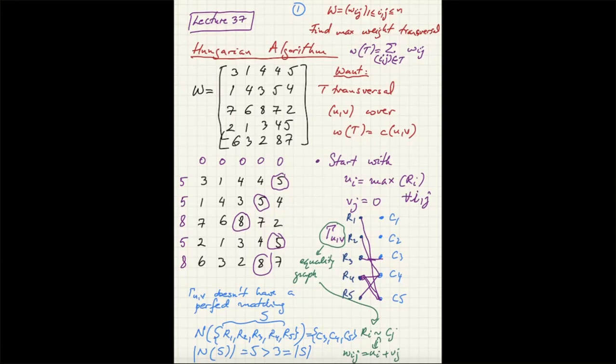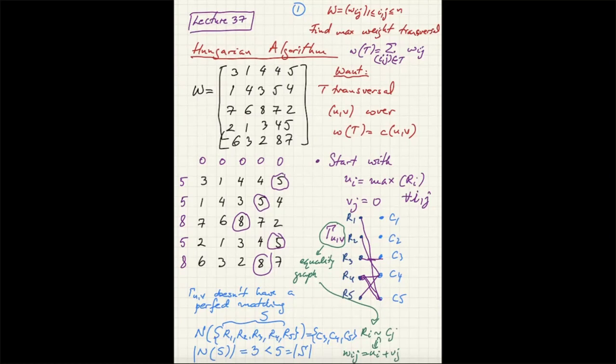Sorry, I wrote something wrong: the neighborhood of S has cardinality 3, which is less than 5, the cardinality of S. And so what we do is decrease the costs on the rows in S by 1, and increase the weights for the columns in the neighborhood of S by 1.